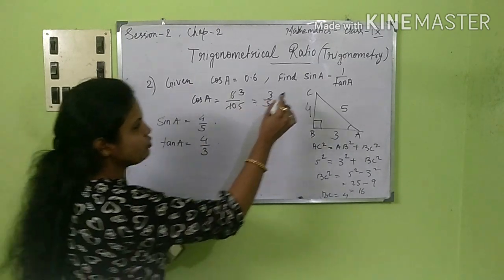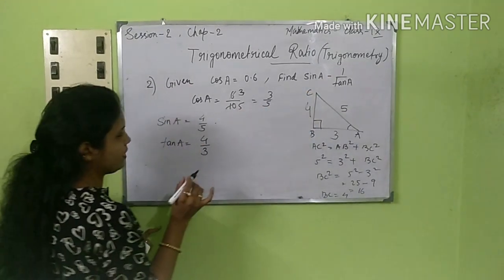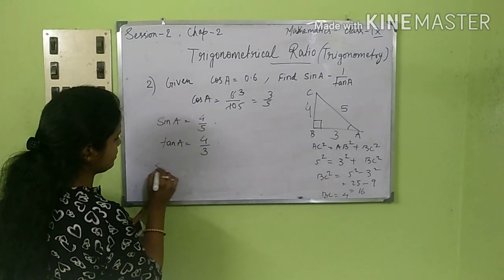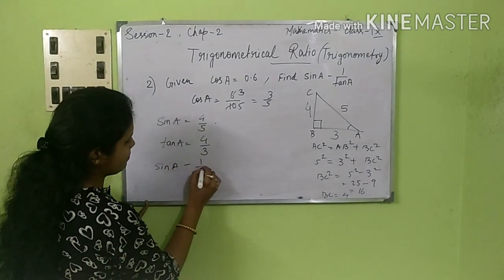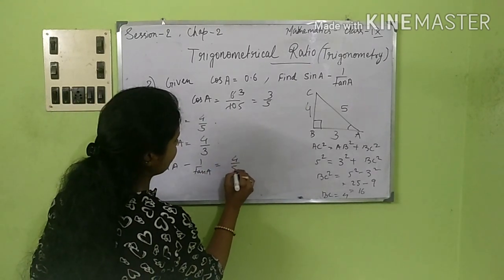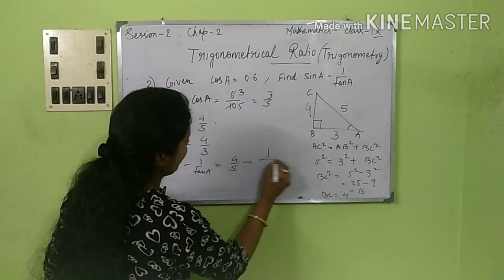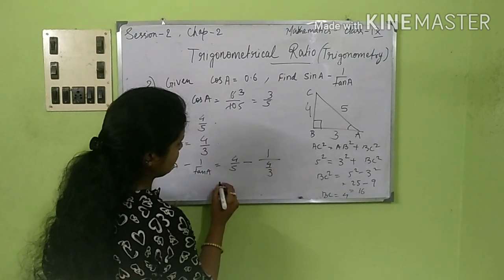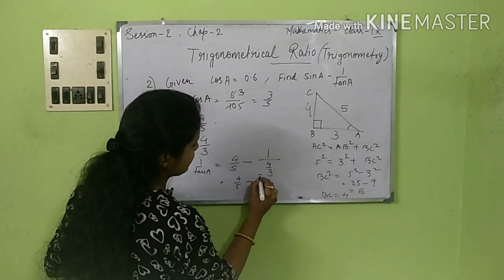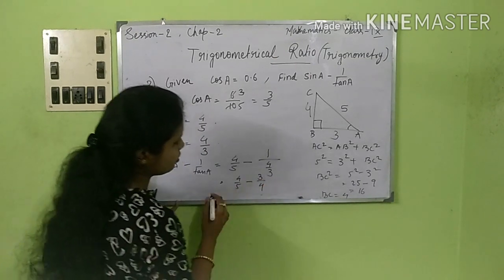So here we need to find out the value of sine A minus 1 by tan A. Now what is sine A? Sine A minus 1 by tan A is equal to sine A, we know it is 4 by 5, minus 1 by 4 by 3. That means we are having 4 by 5 minus 3 by 4.